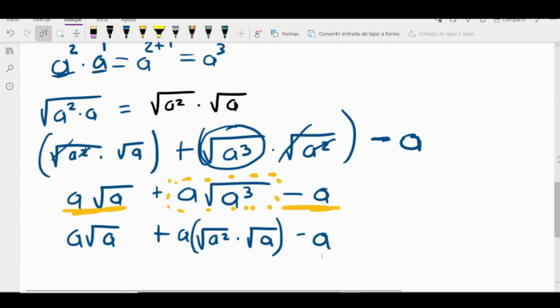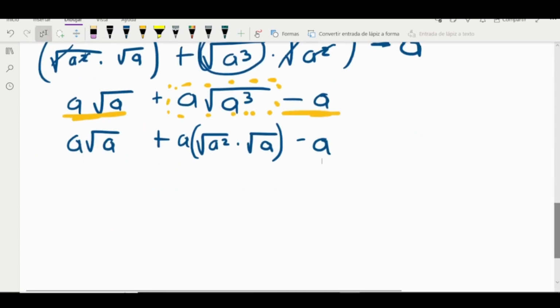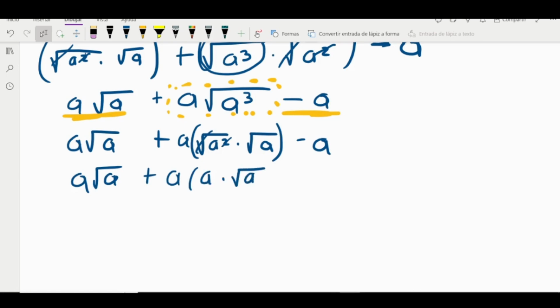If we continue, we apply this. We rewrite a times the square root of a plus the square root of a squared, which is a, times the square root of a, minus a. So what is the situation here? We have a times the square root of a plus a times the square root of a minus a.